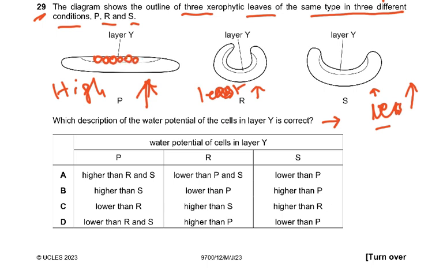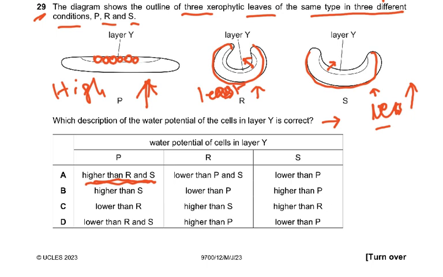Now these are fully turgid, so the water potential has to be higher than R and S. That was the clue. Because all of these have lost water, that's why they've curled up. This has lost water a lot, this has lost water a little. So this has curled a little, but this has curled a lot. So this has got the higher than R and S. That was the clue in this.